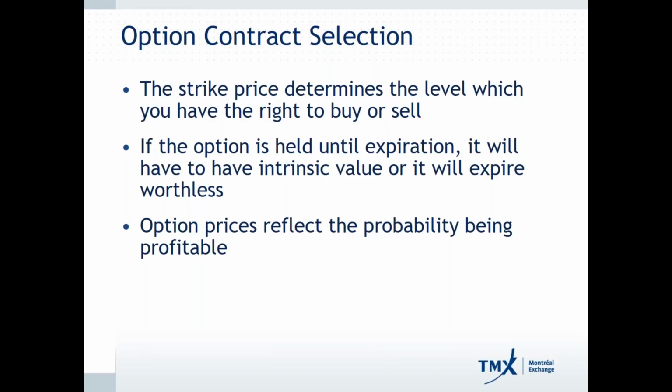And if the option is held until expiration, it will have an intrinsic value if it's in the money, in which case it'll be settled for the Canadian dollar equivalent, or it will expire worthless. And of course, option prices reflect the probability of being profitable, right? And that probability is essentially based on expected volatility, expected price fluctuation.